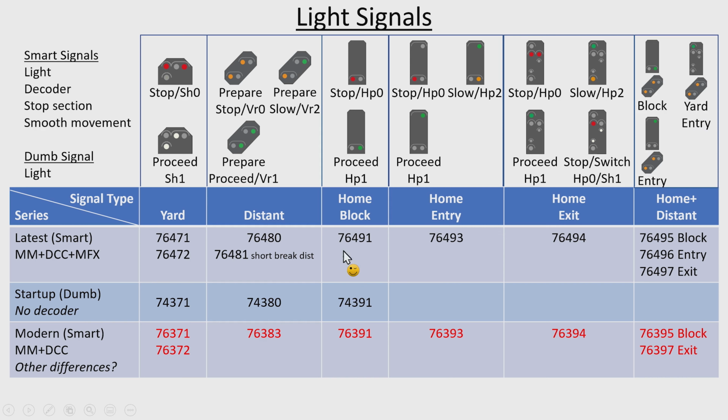So this is the newest generation of the light signals from Märklin. There's also one, and that's not a lot older, so I called it modern here. As you can see here, all the numbers are red. That's actually to signify that they are not produced by Märklin anymore.